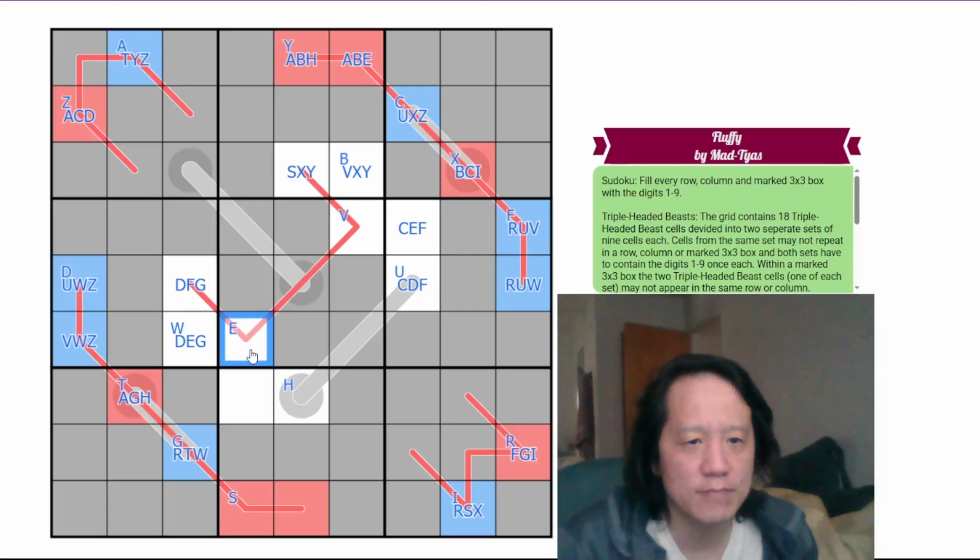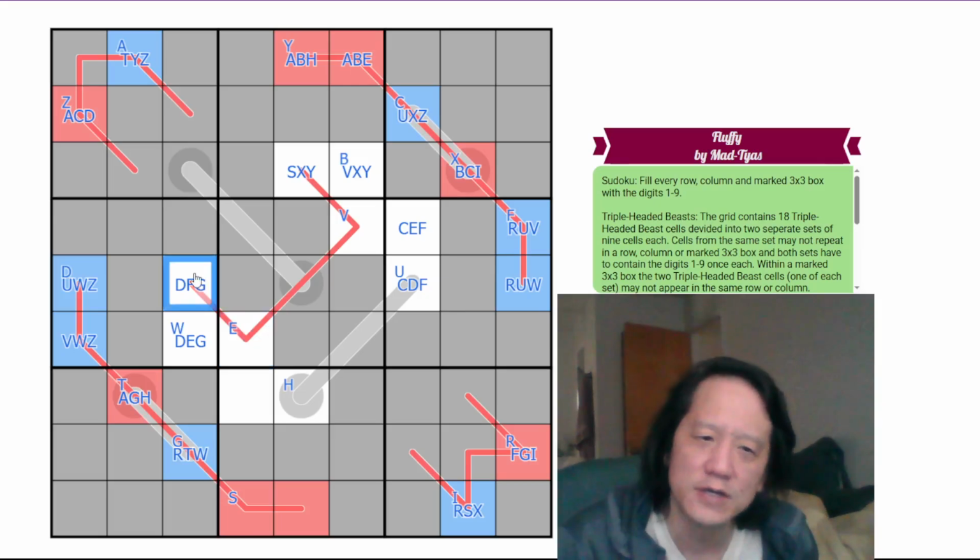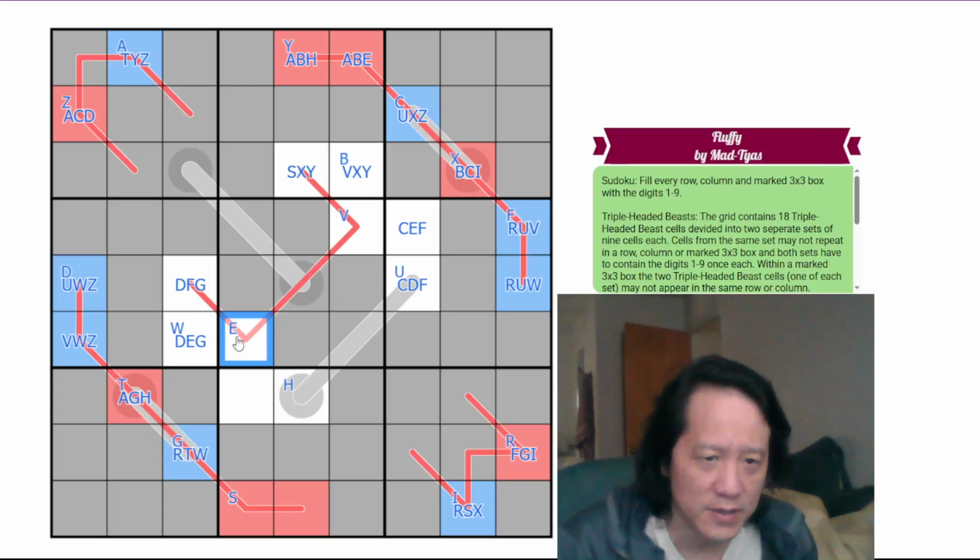Oh, actually, it could be 23. But then this would have to... Okay, so then... I need to figure this out. If this is V, because if this is W here, that means D has to be here, and this can't be blue. It has to be the red, which is V. So V was here.